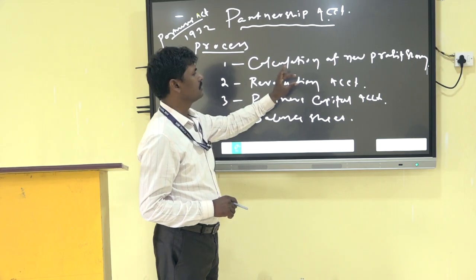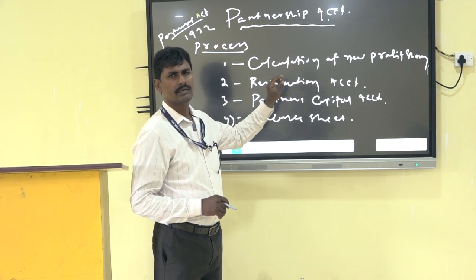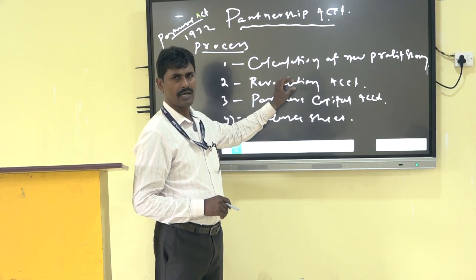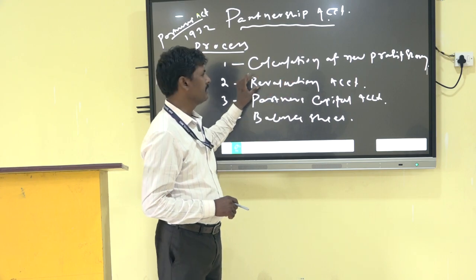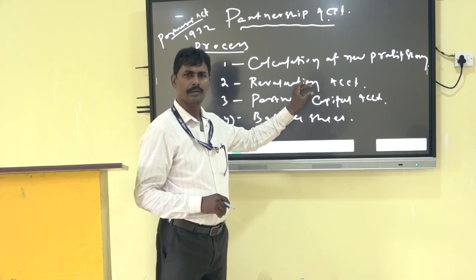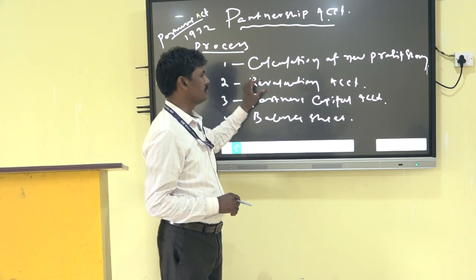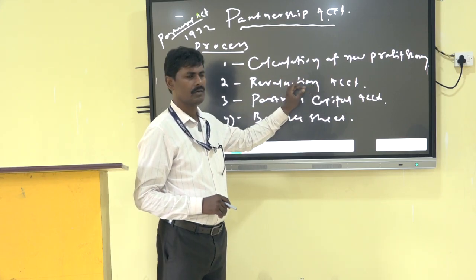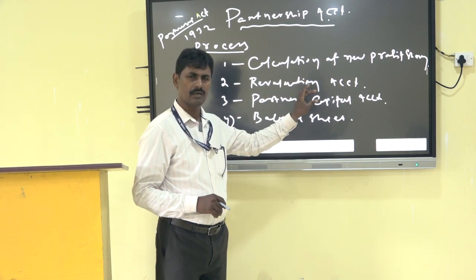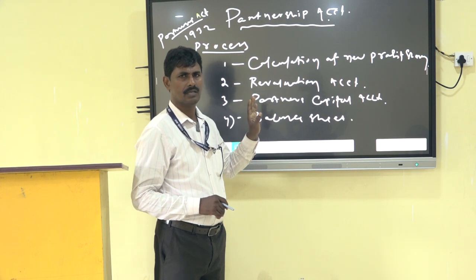So revaluation account is opened only during the reconstitution of the firm, admission of a partner, retirement of the partner, or death of the partner in the partnership firm. Clear?